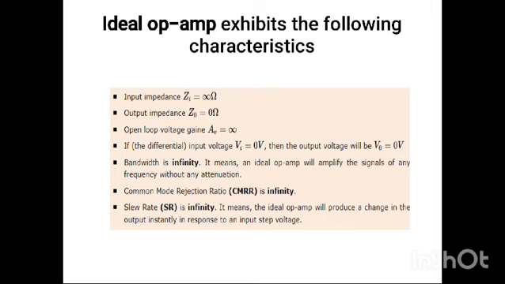The differential input voltage must be zero, so that signals of any frequency appear at the output without any attenuation. The common mode rejection ratio is also infinity, and the slew rate is infinity. It means an ideal op-amp will produce a change in the output instantly in response to an input voltage.